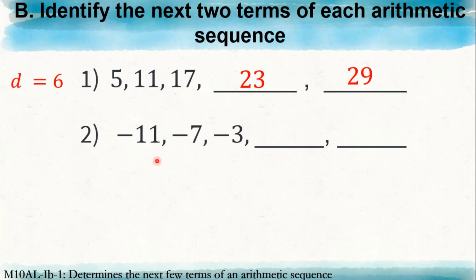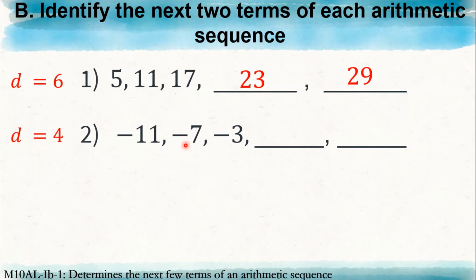Next, we have negative 11, negative 7, negative 3. So, what is the common difference? So, in this case, the difference is 4. Kasi, negative 7 minus negative 11 is positive 4. Ngayon, kung nahihirapan kayo sa pag-subtract, pwede namang mag-isip kayo ng number, what should be added to negative 11 to make it negative 7.